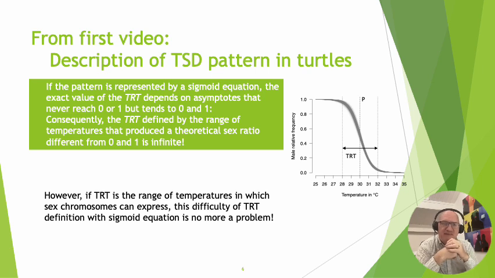Honestly, I don't think it can be possible. If TRT is defined as the range of temperature in which sex chromosome can express, this difficulty of TRT definition with a sigmoid equation is no more a problem. Let's see how we can do this.